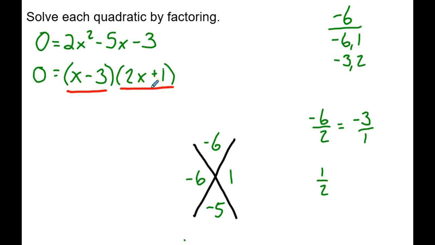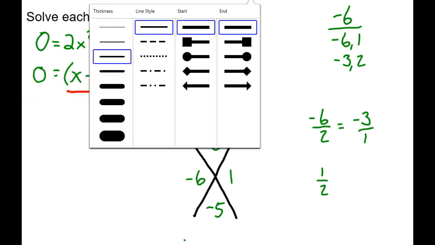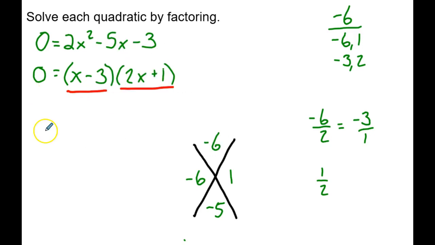The zero product property tells us that either this factor is going to be equal to 0 or this factor is going to be equal to 0 or both of them, because the product of these two factors is equal to 0. So what we need to do is set each of those factors equal to 0 and solve. So I have x minus 3 equal to 0. To solve this, I would add 3 to the other side, so I get x equals 3.